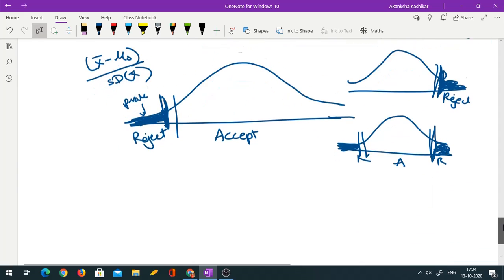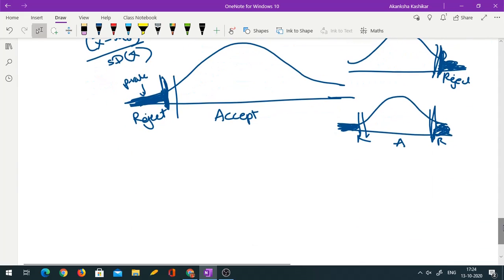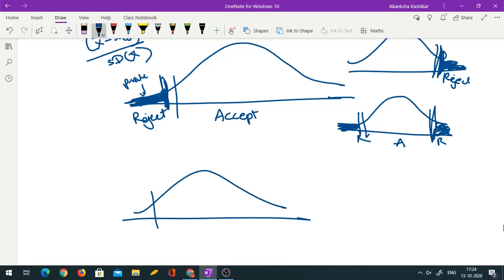Now, in this diagram, I have always placed my observed value in the rejection region, but that need not be the case. Suppose this is my rejection region, this is my acceptance region, and the observed value is here. Then in that case, the p-value would be this entire probability, so the rejection region plus this additional part. Okay.